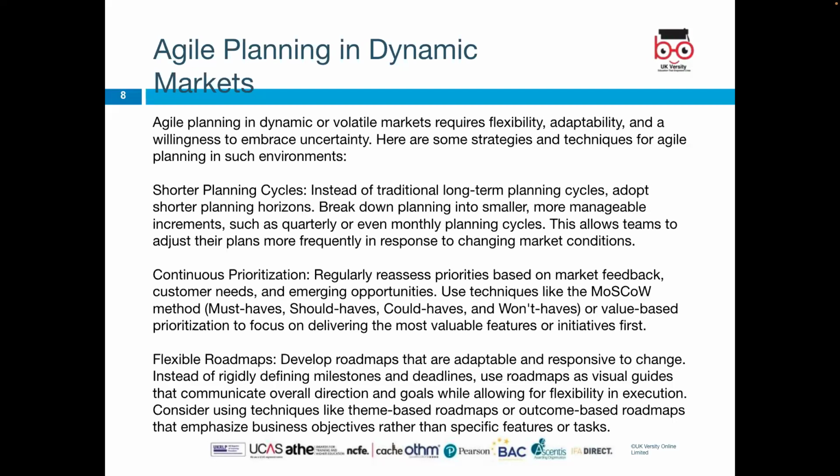Continuous prioritizing. Regularly reassess priorities based on market feedback, customer needs, and emerging opportunities. Use techniques like the MoSCoW method, must-haves, should-haves, could-haves, and won't-haves, or value-based prioritization to focus on delivering the most valuable features or initiatives first.